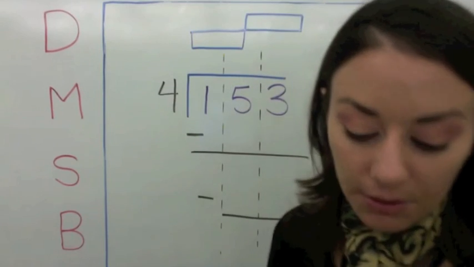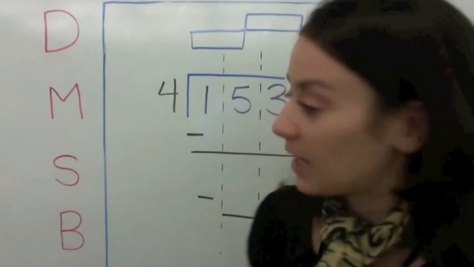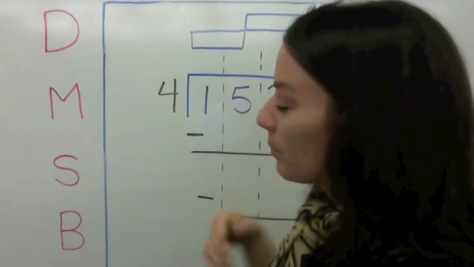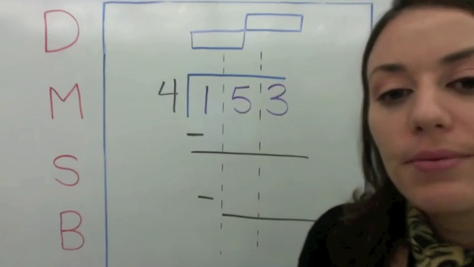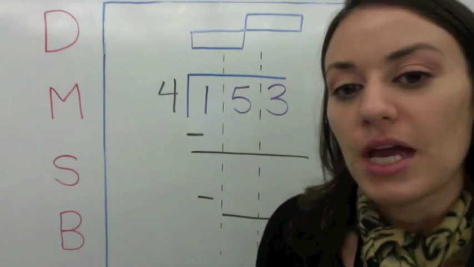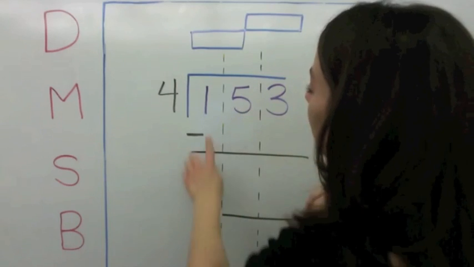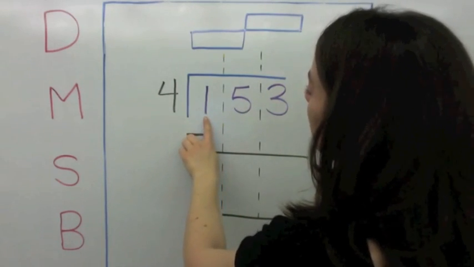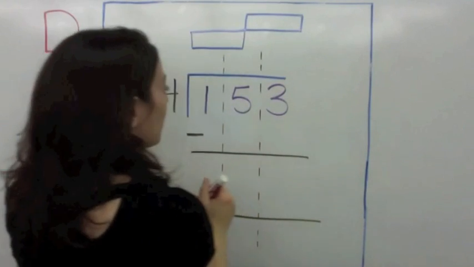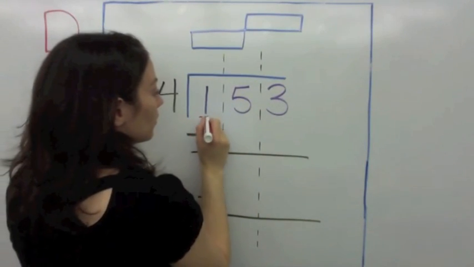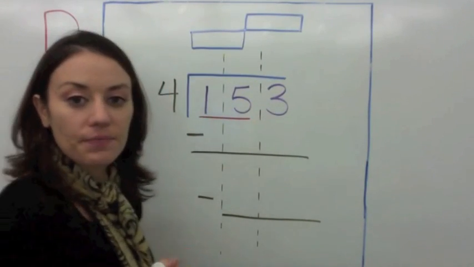Now, here's the real difference in triple digit division or 3-digit division, okay? What I want you to do, instead of looking at the first digit, you need to look at the first 2 digits. So I'm going to go ahead and underline it in red really quick. See that? All right.